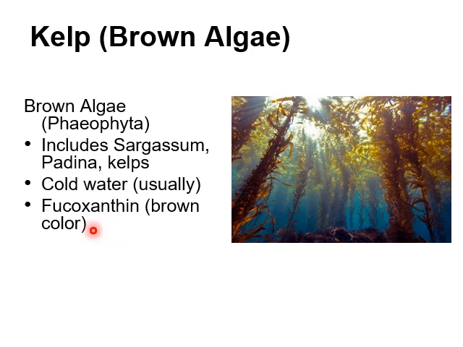And why they are brown is because they have this pigment known as fucoxanthin. Right, so we learned back in that chapter about how plants and algae and microscopic plants, phytoplankton that is, all have photosynthetic pigments in them that they use in order to absorb sunlight and to photosynthesize. So fucoxanthin is the brown pigment that brown algae use to get sunlight, and it's what gives them a brownish color.